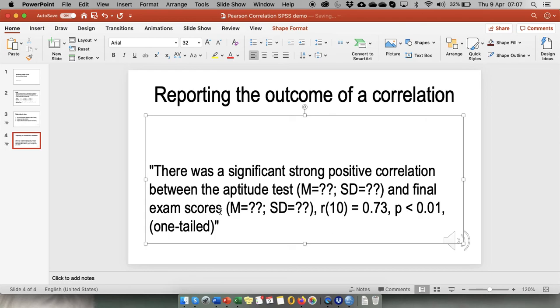So in this case, you can report both descriptive statistics and inferential statistics in one sentence. So you just replace the question marks with actual values, keeping it to one decimal place.